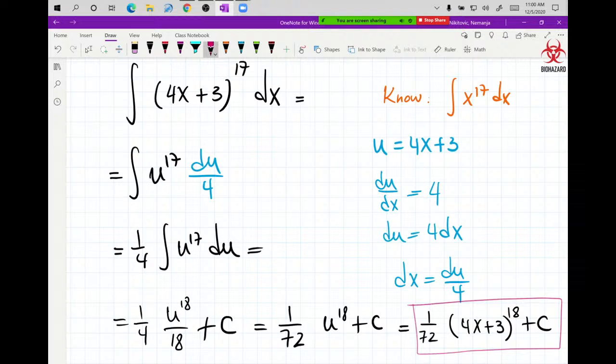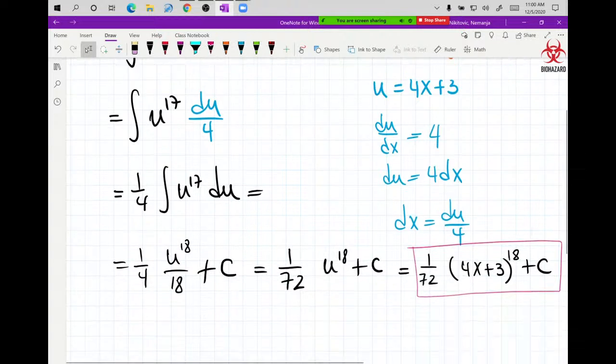Now, that is possible for problems that are just messy, but you can deal with this.